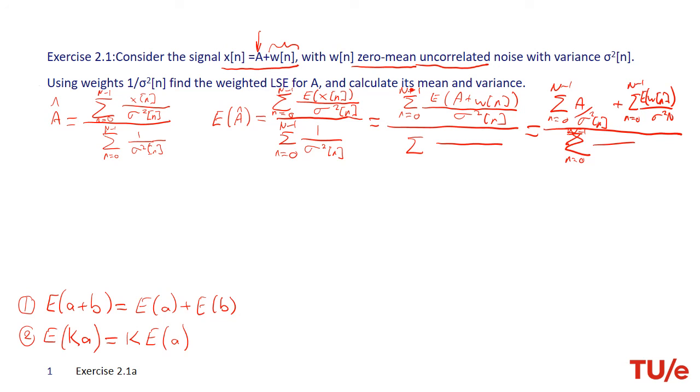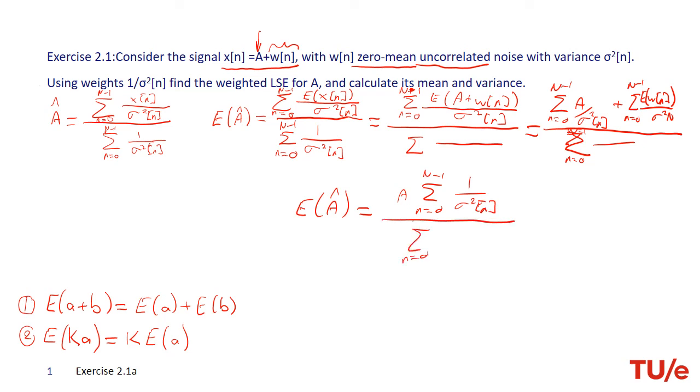It means the expected value of the estimate is actually, and consider this constant A, it's independent of n. It comes right out of the summation term. It is A times the sum over n from 0 to n minus 1 of 1 over sigma squared n, divided by the same sum.